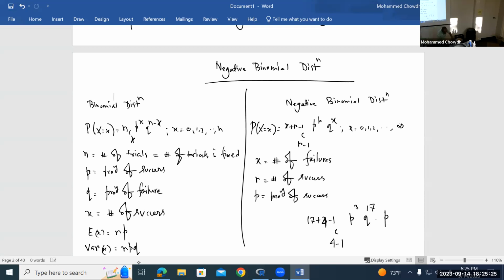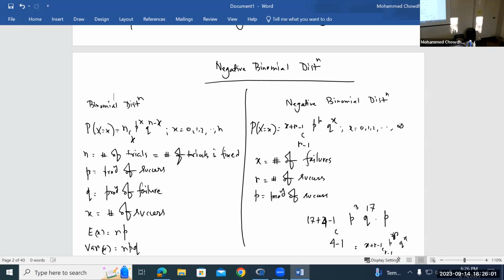That's the way. If you write it beautifully, it should be written as x plus r minus 1 C r minus 1, and then p to the power r, and then q to the power x. Let me explain again. His target is to get how many successes? 4 successes, right? He got 3 successes, and then when he got the last success, he is done.